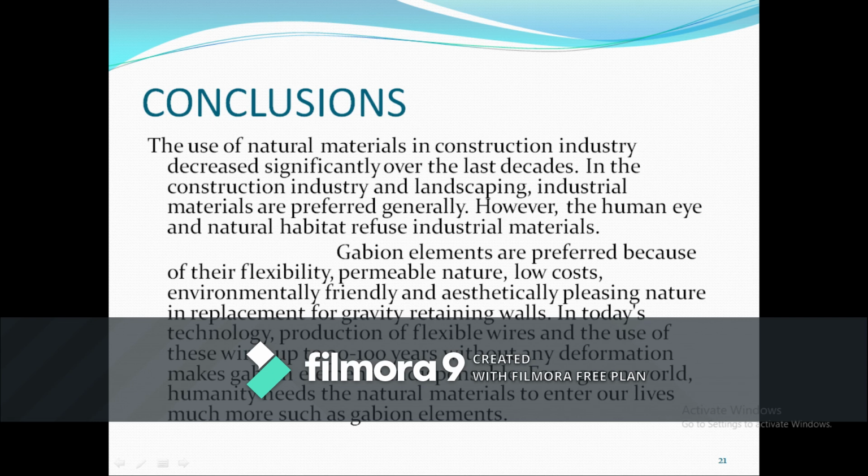Because of the flexibility in its shape, we can use Gabion elements according to the requirement. So we need to prefer the usage of Gabion elements because of their flexibility, their low cost, their environmentally friendly and aesthetically pleasing nature, and also their greenery. We can prefer Gabion constructions.